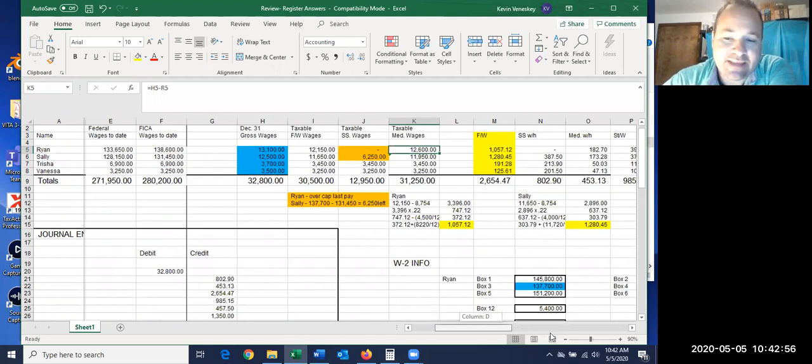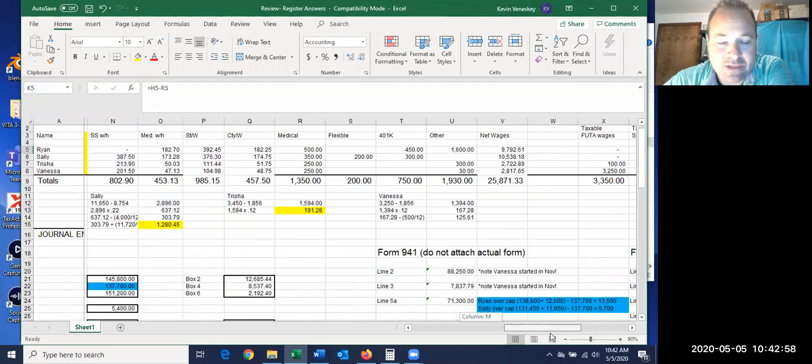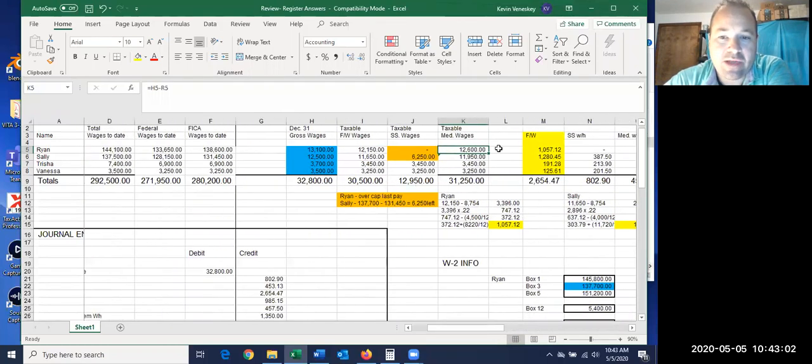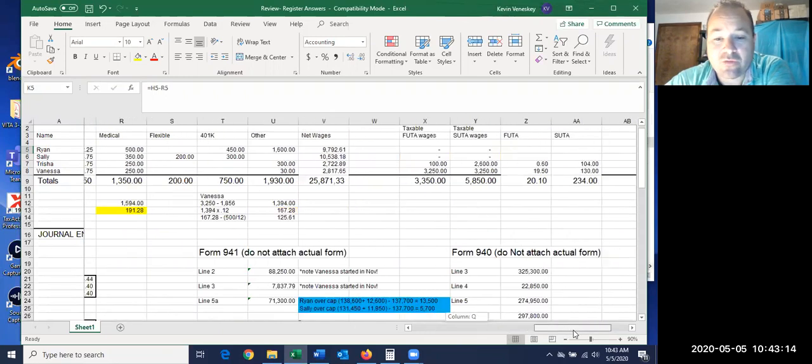What I did instead, which I think may be a little easier on this one, is I took his Medicare wages plus his FICA wages and added them together and said, okay, that's his total, basically Medicare wages, and then subtract out how much he's over the cap.